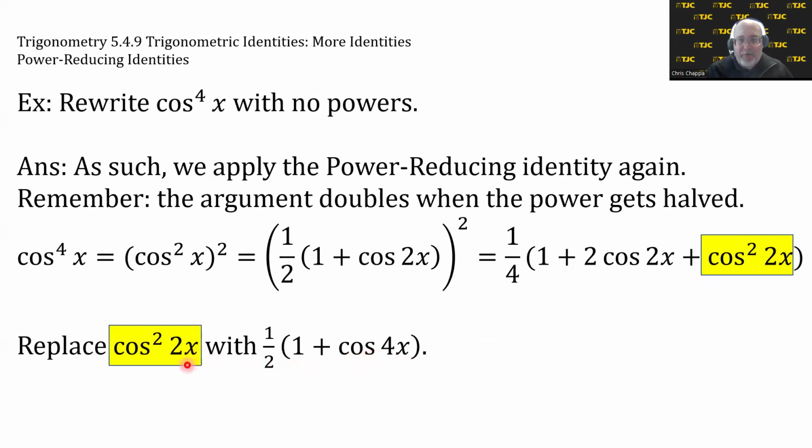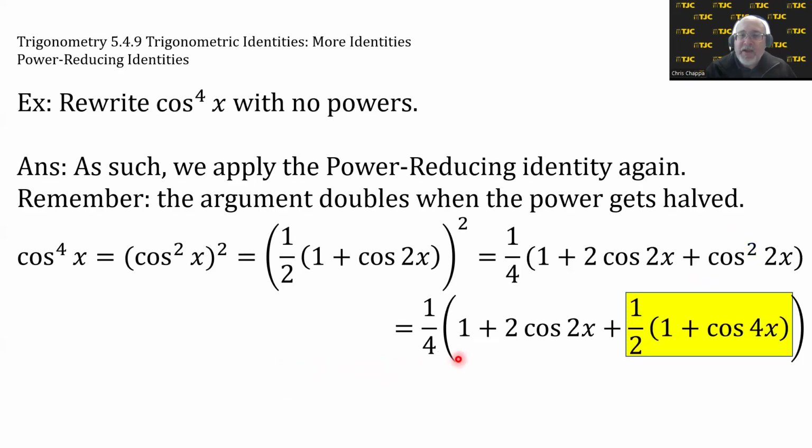Again, the argument doubles when you apply the power reducing identity. And so now we have 1/4 times 1 plus 2 cosine 2x plus all this that we brought in for the cosine squared 2x, specifically 1/2 times 1 plus cosine 4x.